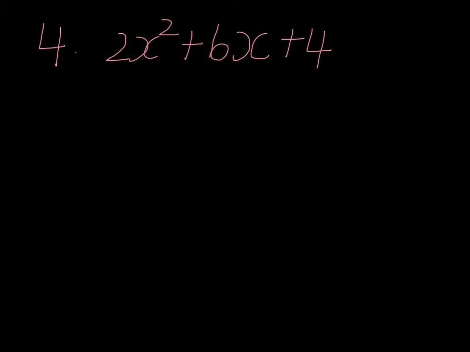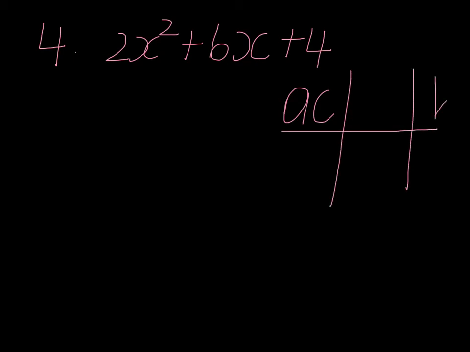So once again, we're going to do the same method to start with. So we've got a times c and b. A is 2 and c is 4, so a times c is 8, and b is 6.